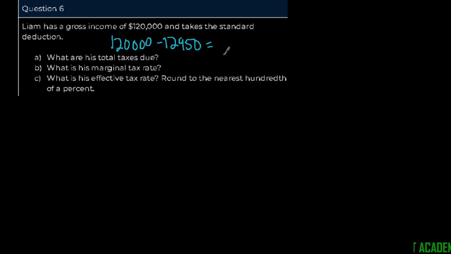So when we subtract, this is going to be $107,050. That's going to be the taxable income.